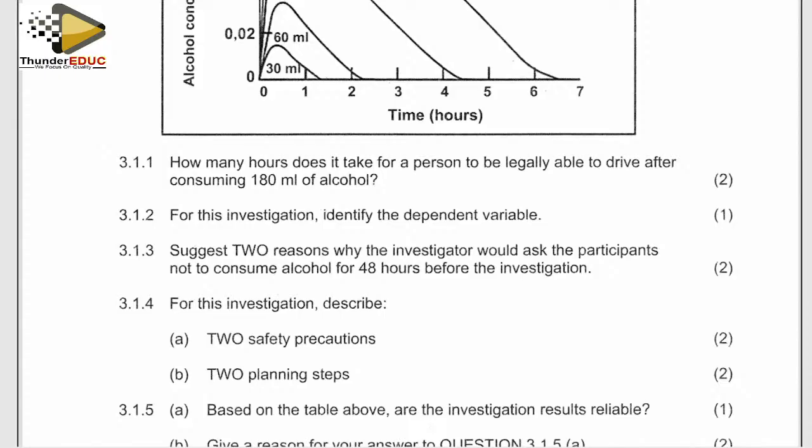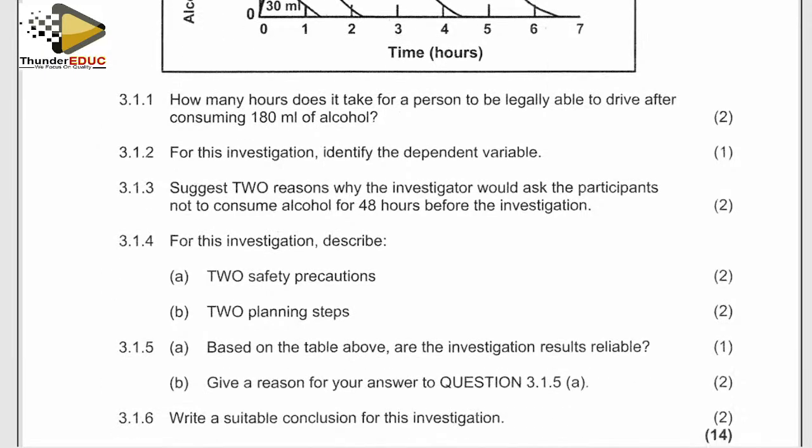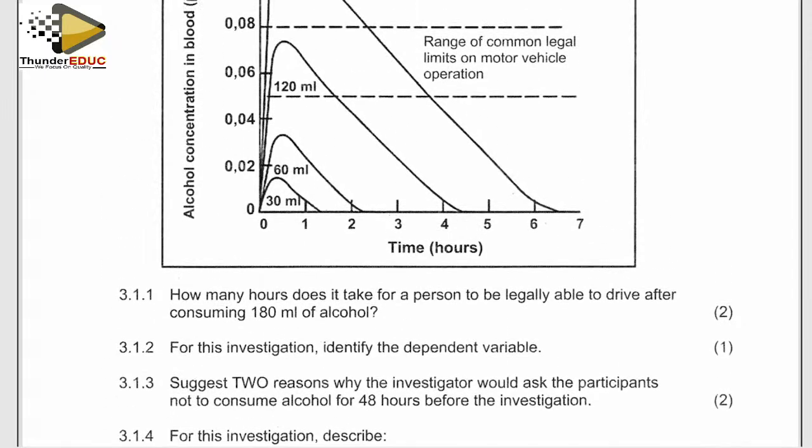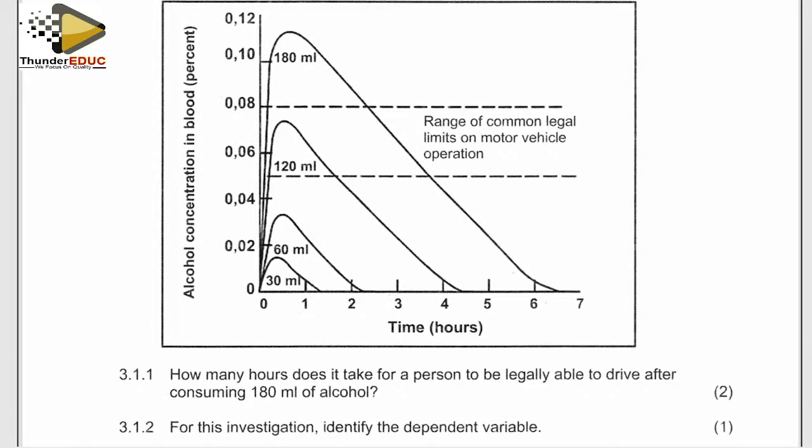Let's go to question number 1. How many hours does it take for the person to be legally able to drive after consuming 180 milliliters of alcohol? 180 milliliters is this one.